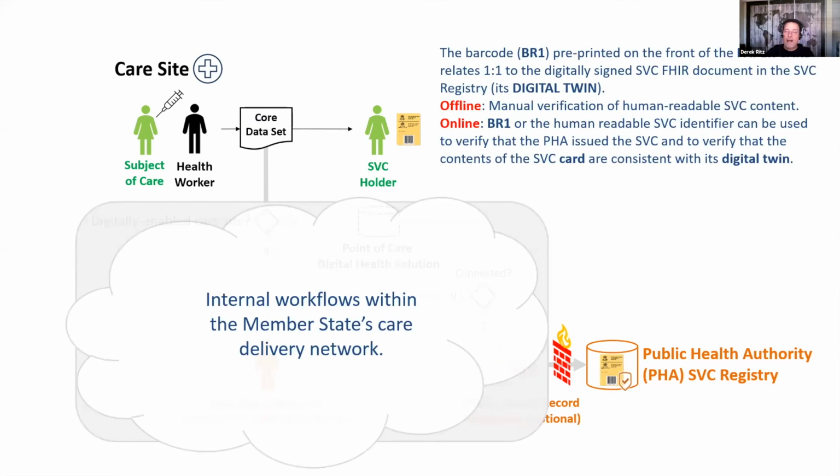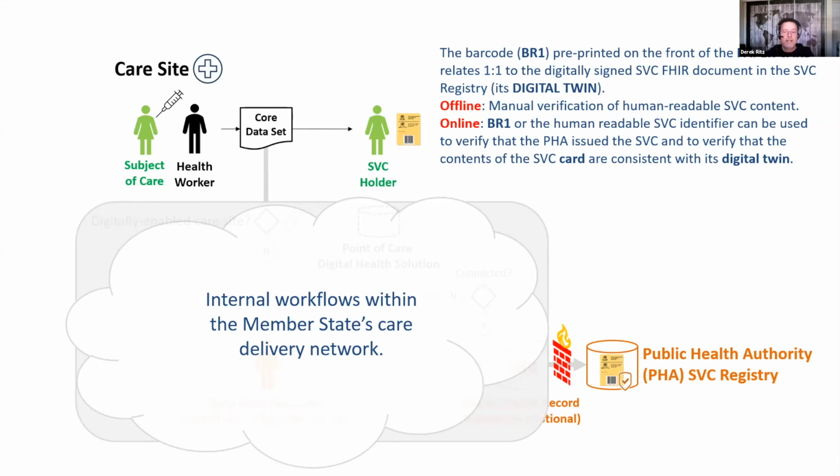WHO is silent on what happens within the member state. So the operations of the care delivery network are not something that we're normative about. What we are going to be normative about is that there will be an identifier on a paper card.